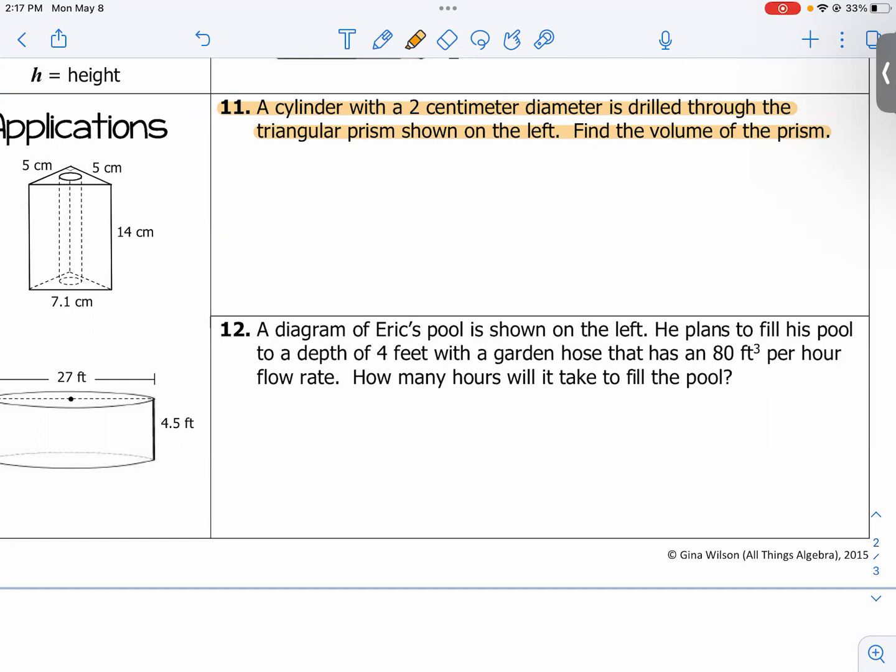Cylinder with a 2 centimeter diameter. So 1 is the radius. I'll do the cylinder. Look, I gave you a minute. Okay, but Sophia's helping me. We're swapping for a dollar.